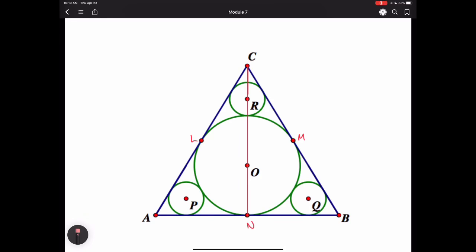So if I were to draw a segment BL, or AM, or CN, those are all going to cut this triangle directly in half, which gives us some interesting information because we know, and they'll all be perpendicular as well, sorry. So this is perpendicular, it's a right angle. We also know that the angles of an equilateral triangle are all congruent at 60 degrees, okay? Which means if we cut one in half, each half will be 30 degrees, okay?